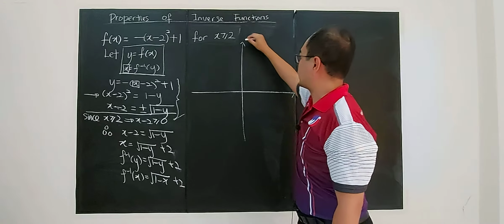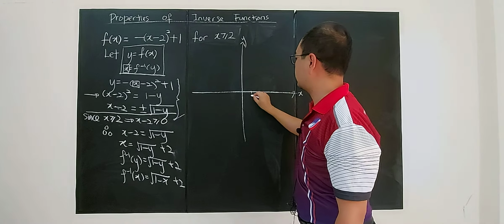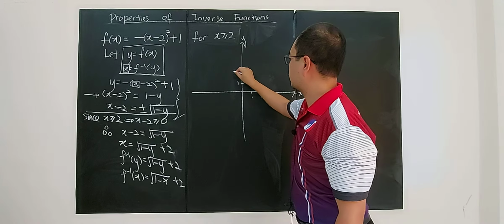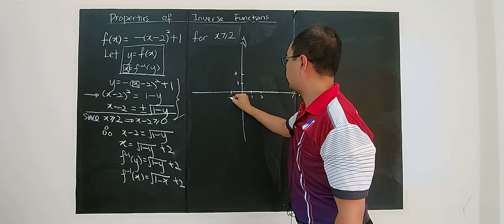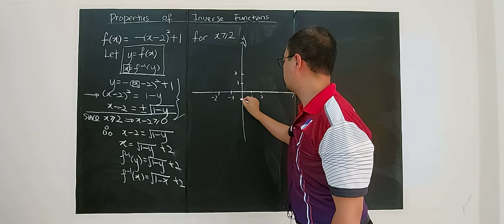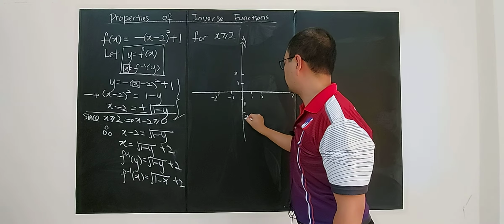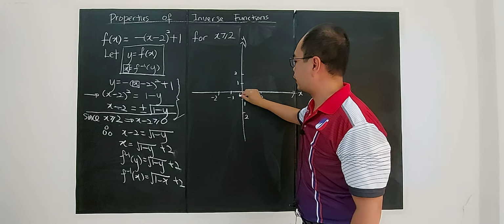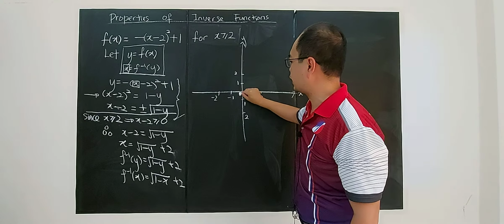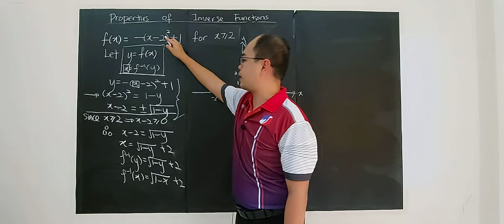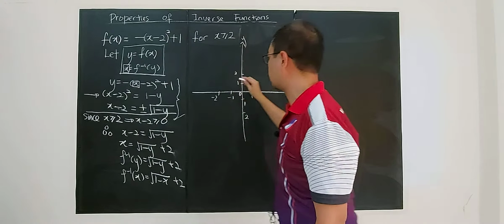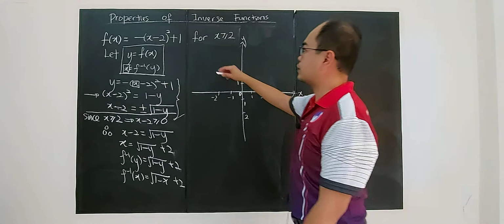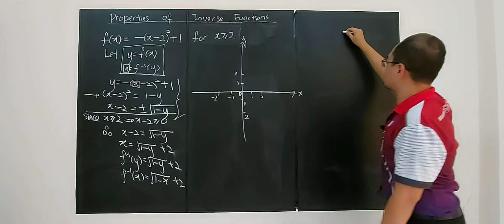Make sure that the scale on the x and y axes is 1 unit to 1 unit, so that you can show the relationship of f(x) and its f inverse on the same axis.